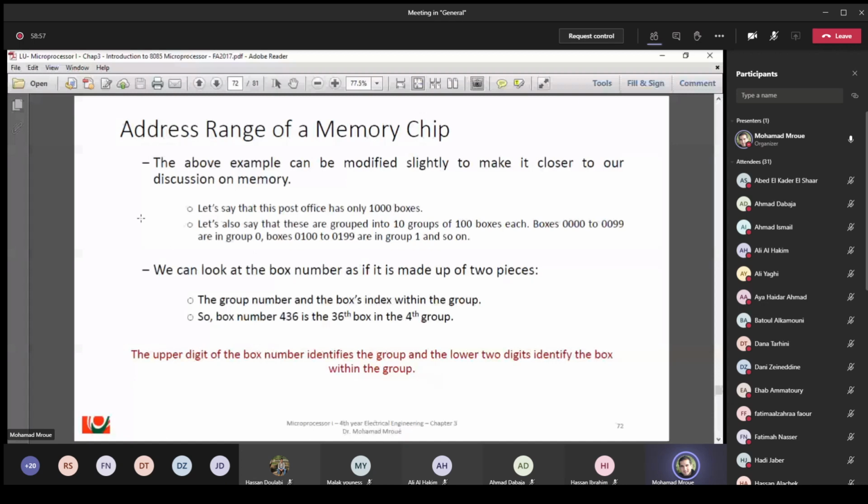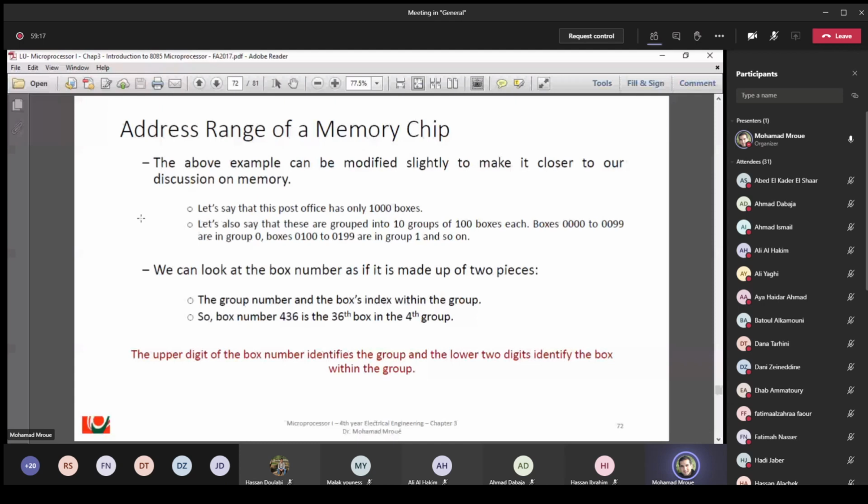So we can look at the box number as if it's made up of two pieces, the group number and the box's index within the group. So box number, for example, 436 is the 36th box in the 4th group. Okay.